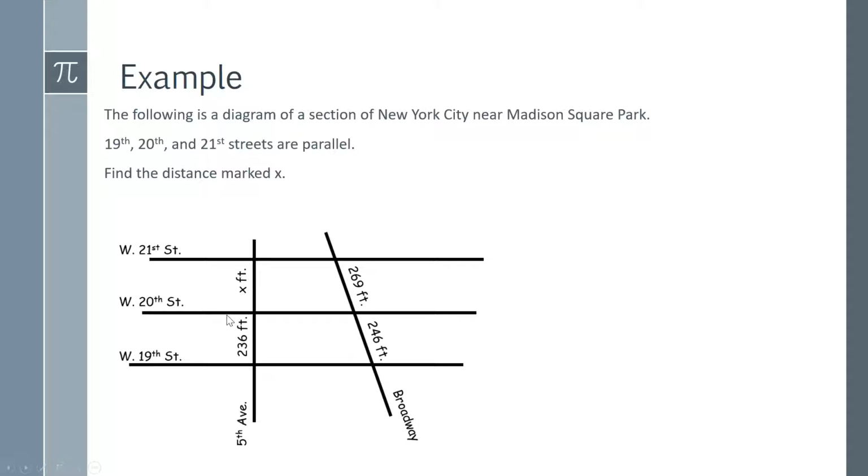So we're going to set up a proportion with x over 236 equal to 269 over 246. So we take our cross products, 246x, and then use your calculator here. 236 times 269 is 63,484. We're going to divide by 246, and that's going to give us approximately 258 feet to go from the corner of 20th and 5th Avenue to 21st and 5th Avenue.